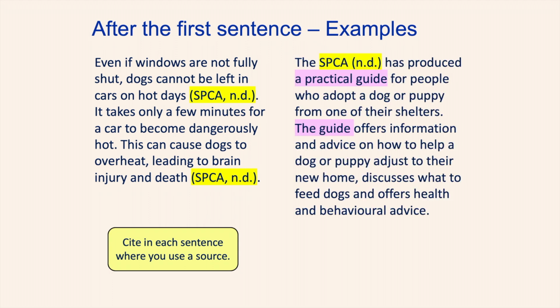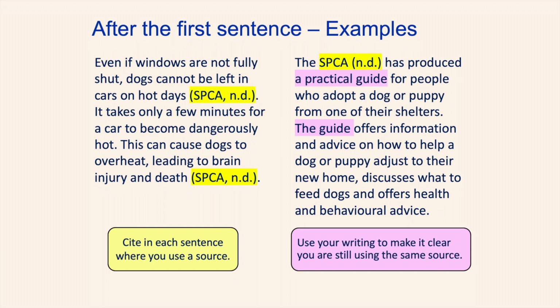However, if you read the second example, you'll notice there's only one citation. This is because the writer tells us in the first sentence that the SPCA has produced a guide.